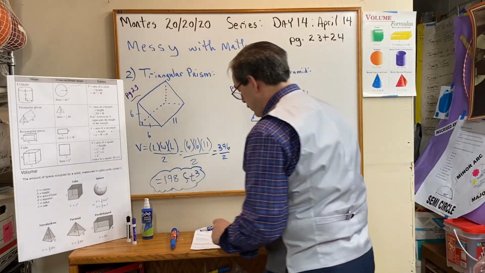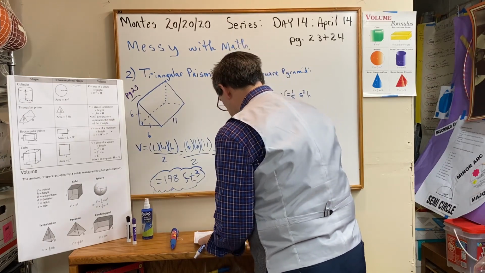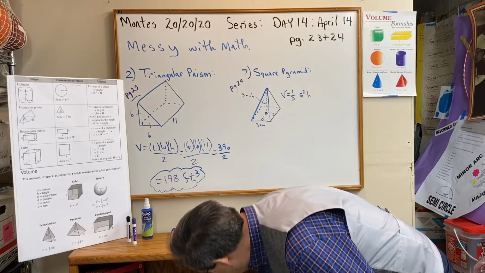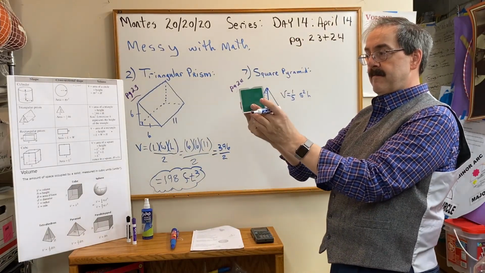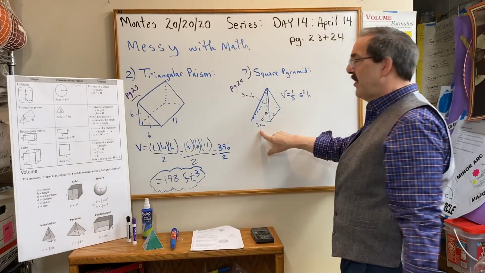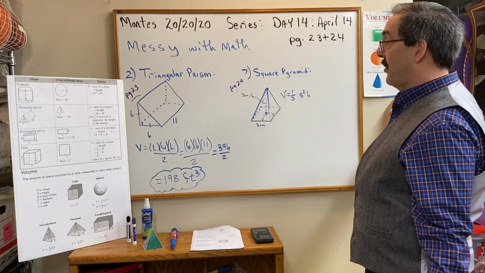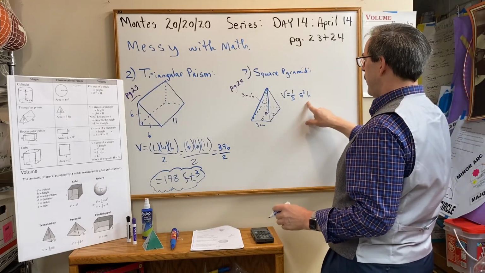Turn the page. Pick an arbitrary problem on page 24. I chose the square pyramid, okay? If you remember a square pyramid, if you watch Salman Khan's video, a square pyramid is 1/3 S squared.